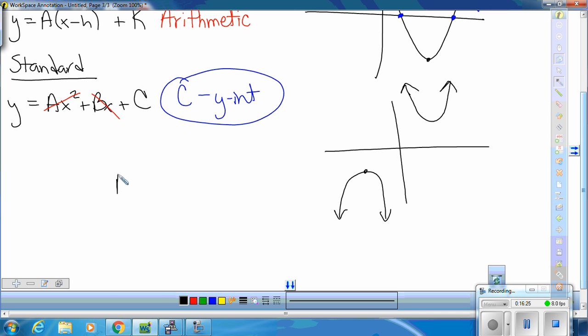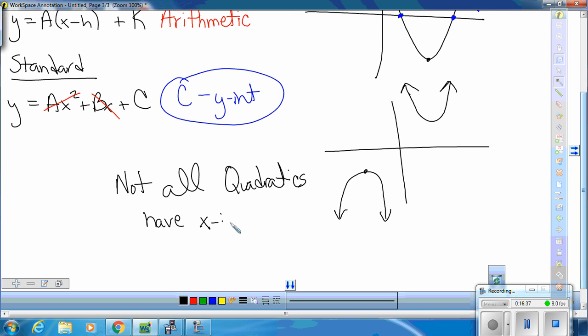So not all quadratics have x-intercepts. It is possible that you have a parabola that doesn't have x-intercepts.